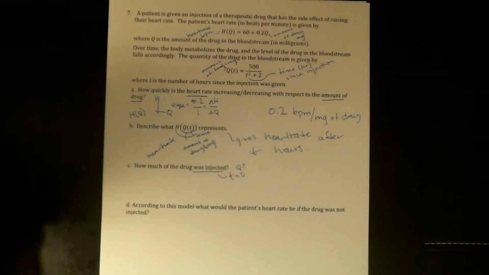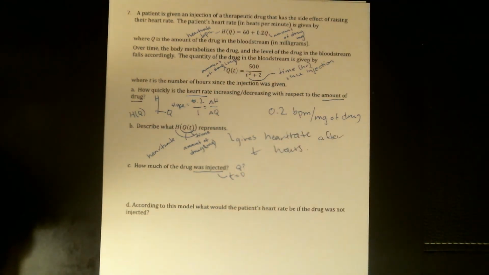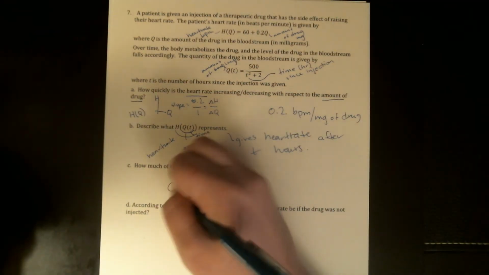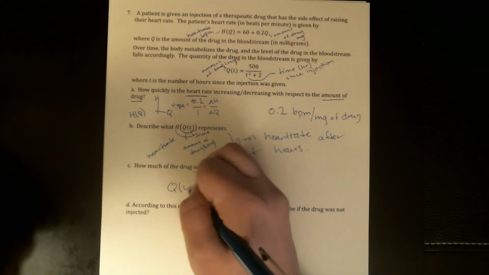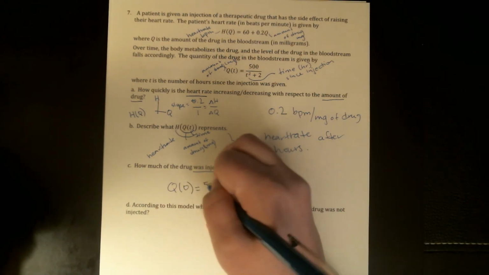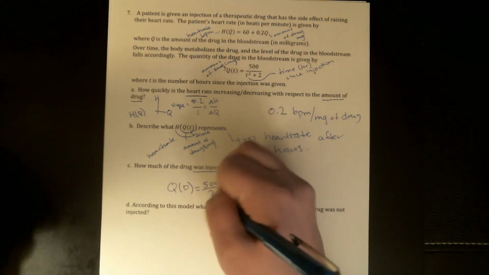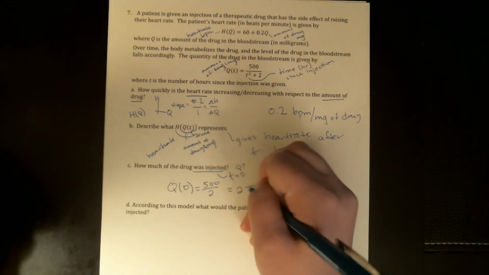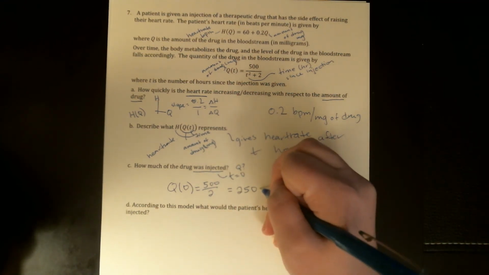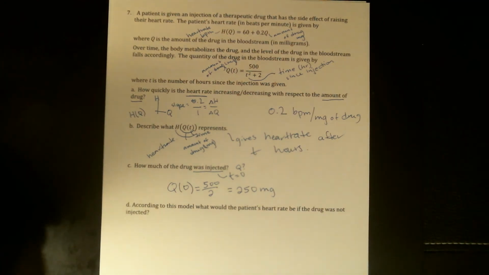So even though it's not worded as at t equals 0, that's what this part is getting at. So we are interested in relating t equals 0 to a q value. We will use only the q of t function. I'm going to plug 0 into q of t, and I get 500 over 2, which is 250, and that's milligrams. Okay, so they originally got 250 milligrams of the medication.